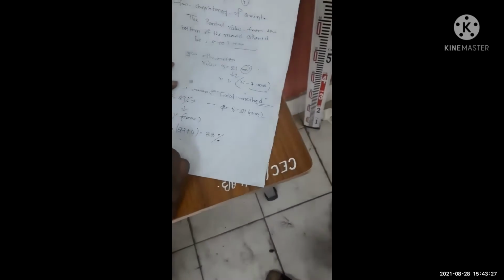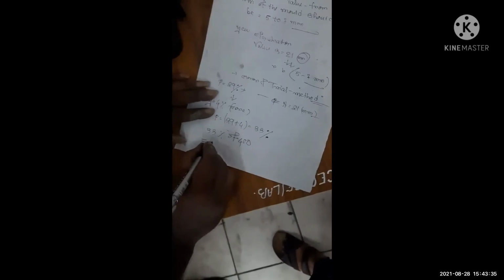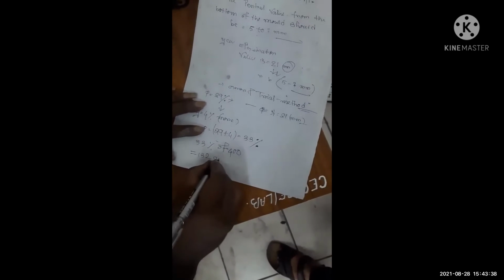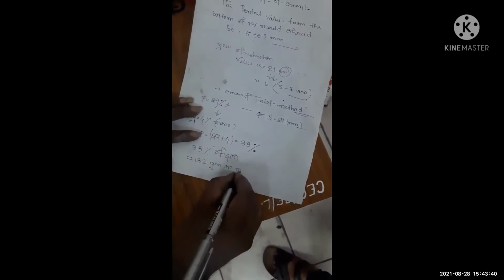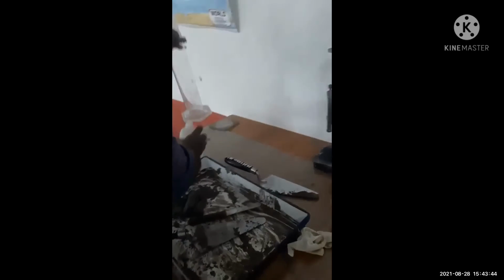So 33% of 400 will be 132 gram or ml. Now we will measure 132 ml water.